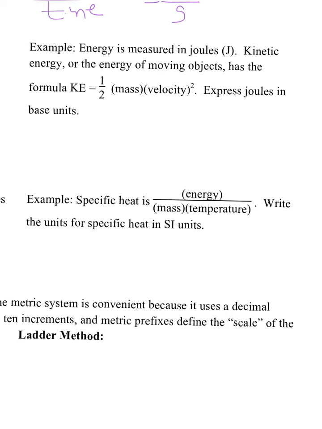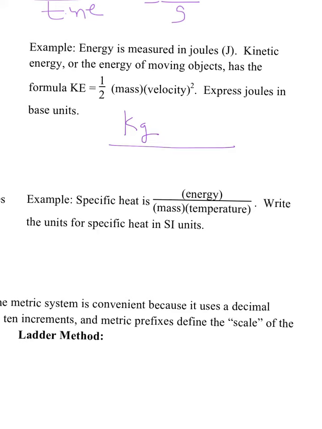Joules is kinetic energy, and the formula for kinetic energy is 1/2 the mass times the velocity squared. So let's talk about what the units are. The unit for mass is kilograms. And the unit for velocity, which we just did above, is meters per second.